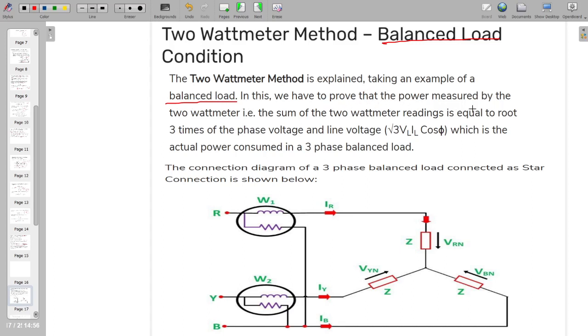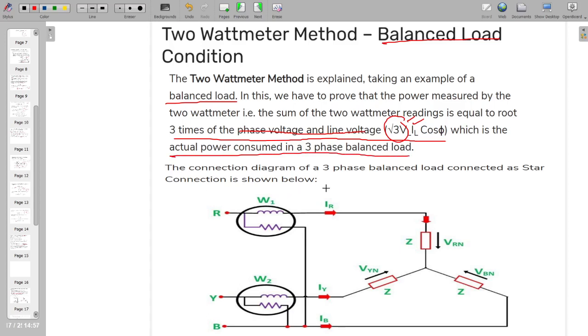In this, the sum of the 2 wattmeter readings is equal to root 3 times the line voltage and line current and the cosine of the angle between them, which is the actual power measured in the 3-phase balanced load.